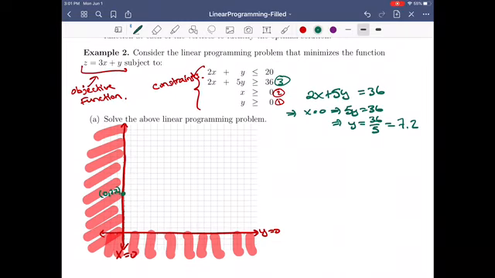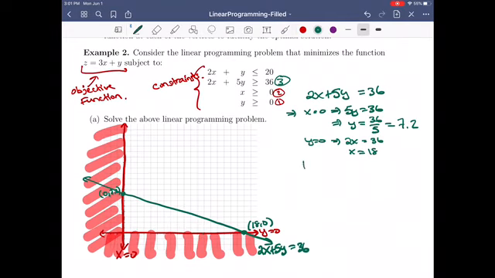When y is 0, we get 2x equals 36, which means that x is 18. So this is the point 18, 0. And then we connect those to make our line. Remember to label your line.